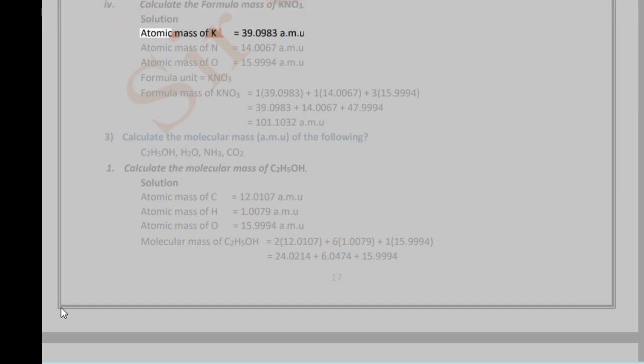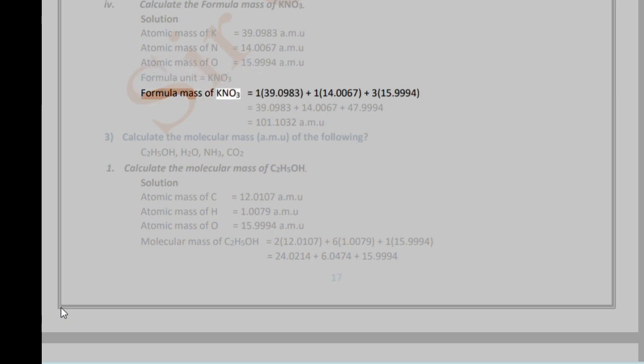4. Calculate the formula mass of KNO3. Solution: atomic mass of K equals 39.0983 a.m.u. Atomic mass of N equals 14.0067 a.m.u. Atomic mass of O equals 15.9994 a.m.u. Formula unit equals KNO3.